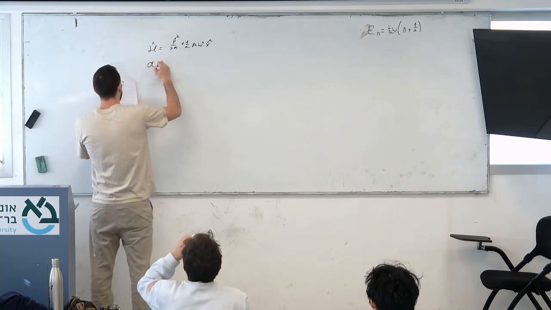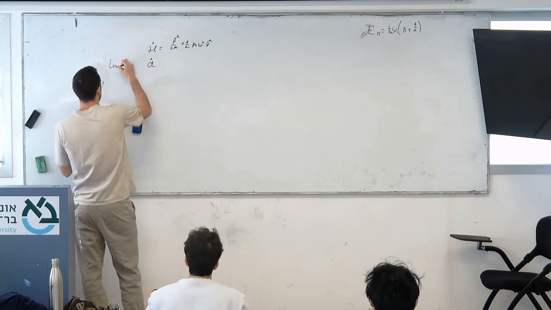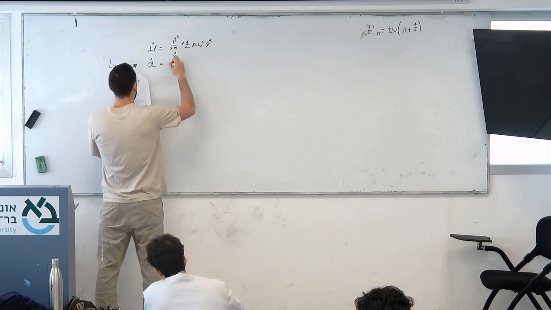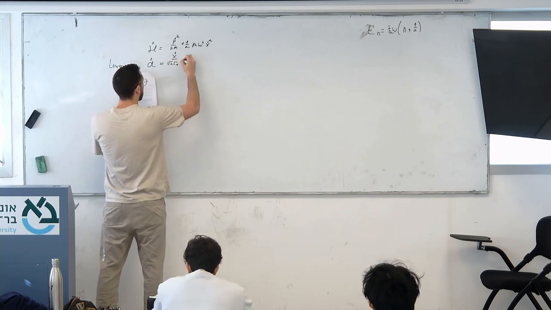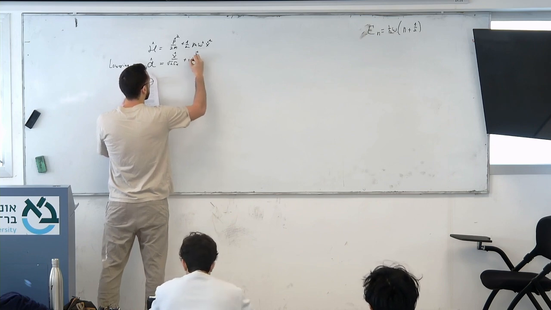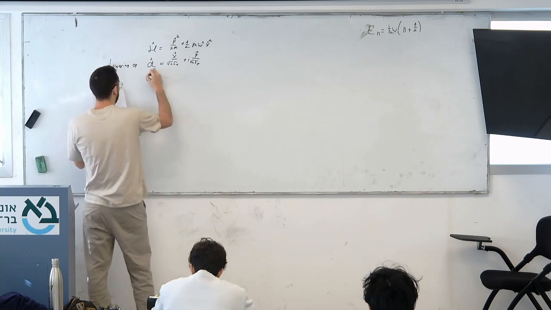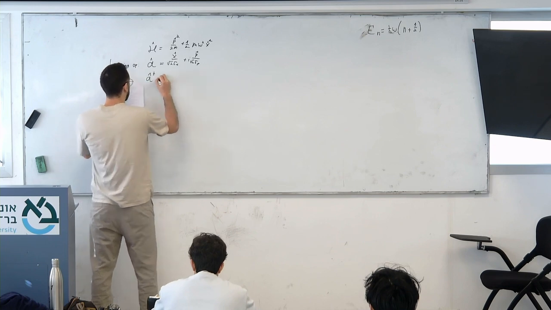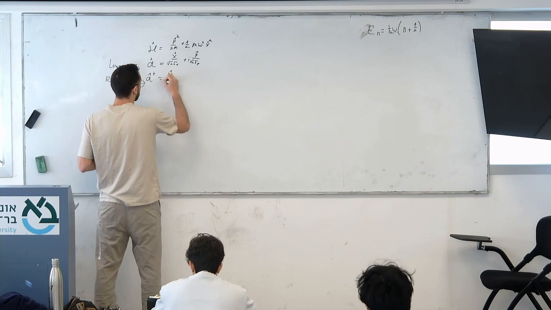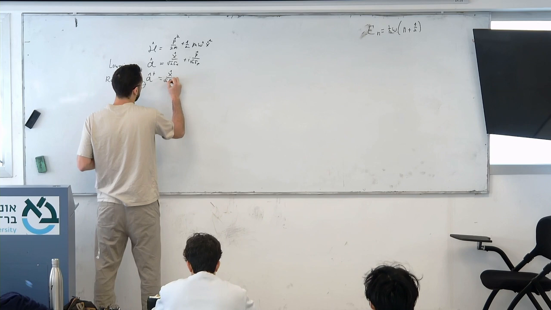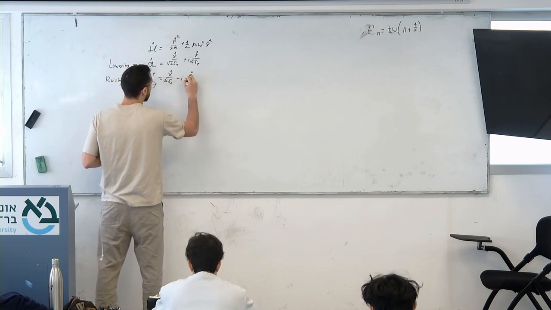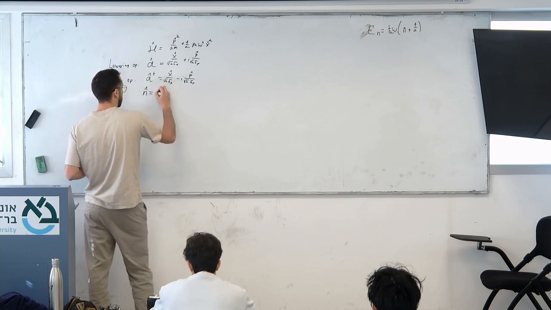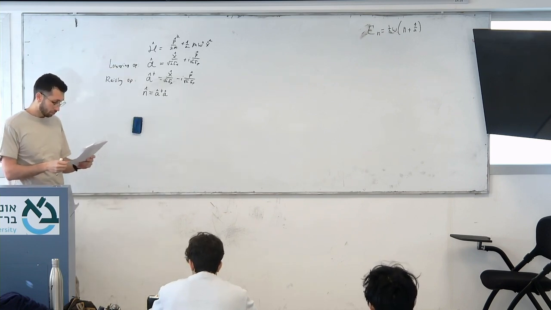So, the A operator, or the lowering operator, is equal to the X operator over square root of 2 sigma X plus i P operator over square root of 2 sigma P. A dagger, this is the raising operator, is equal to the conjugate: the X operator over square root of 2 sigma X minus i P operator over square root of 2 sigma P. While the N operator is the A dagger A operator.